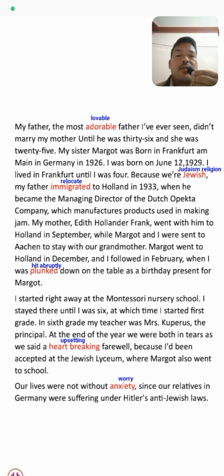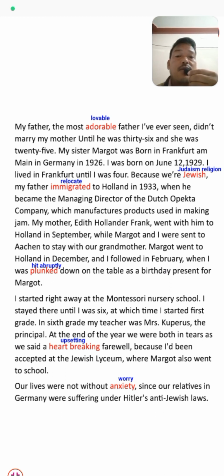Because we were Jewish, my father migrated to Holland in 1933. Because they were Jewish and belonged to the Judaism religion, her father moved to Holland.